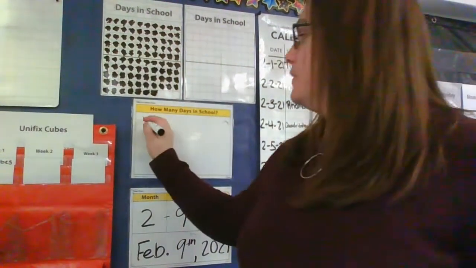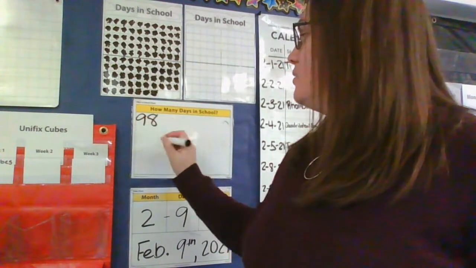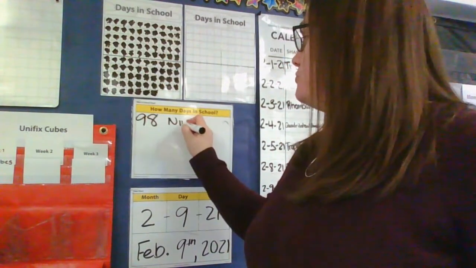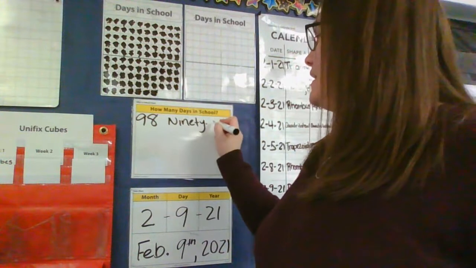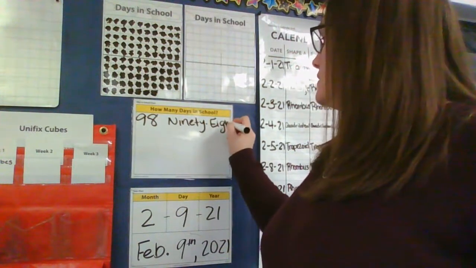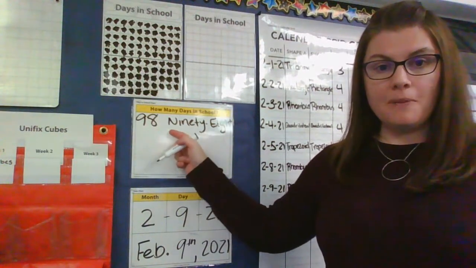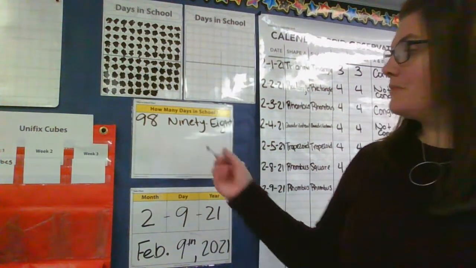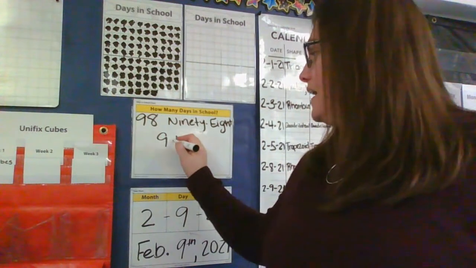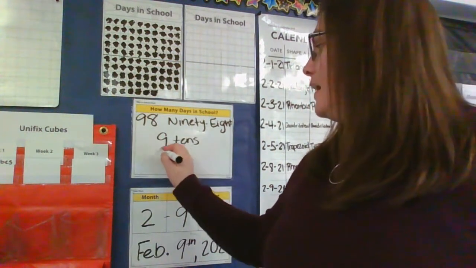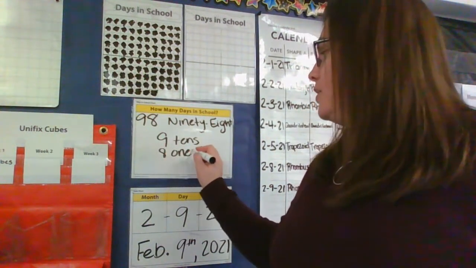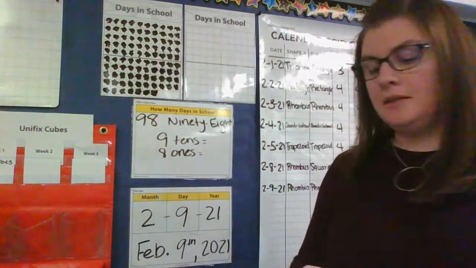Day number 98. We have a 9 in our 10s and an 8 in our 1s. But if we want to write out the word 98, this is what that looks like. So one more time. 9 in the 10s column, 8 in the 1s, or 98. So we have 9 10s and 8 1s. What does that mean?